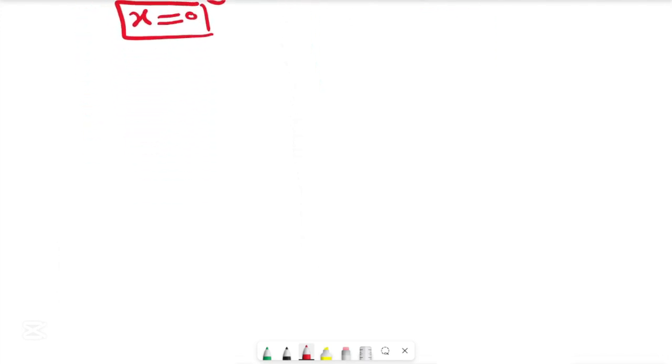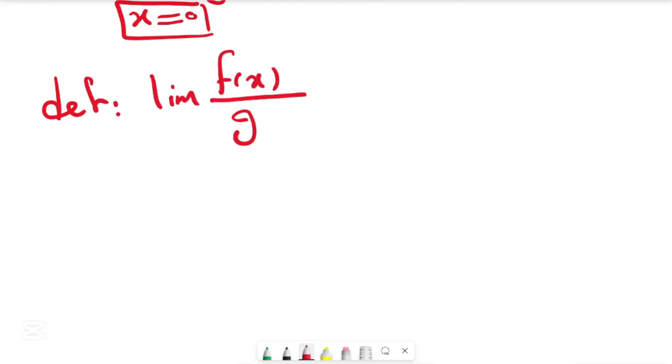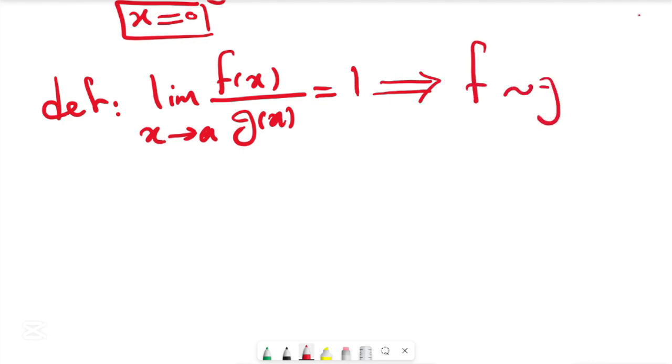But if we define it mathematically, if the limit of f(x) divided by g(x), x goes to a, is 1, we say f is equivalent with g at x equal to a.